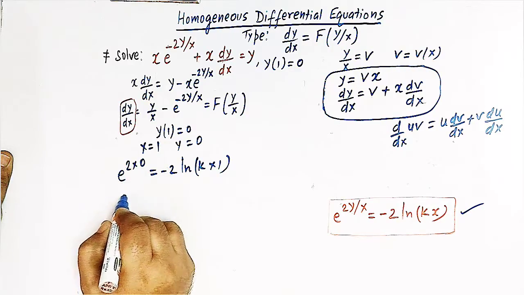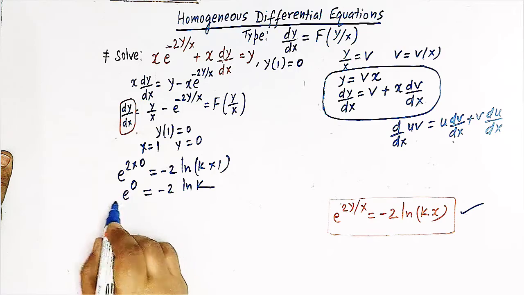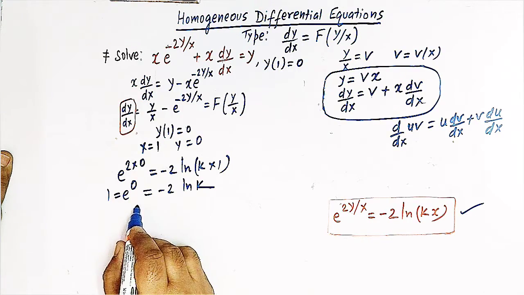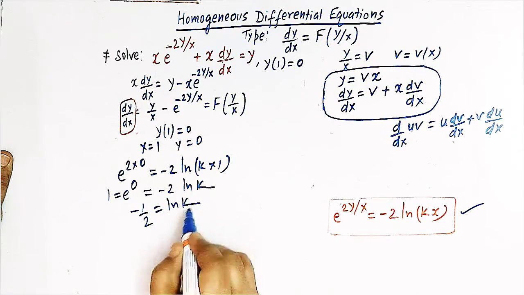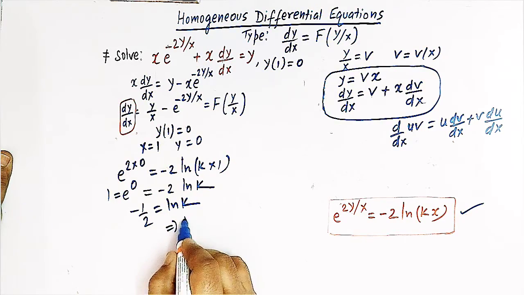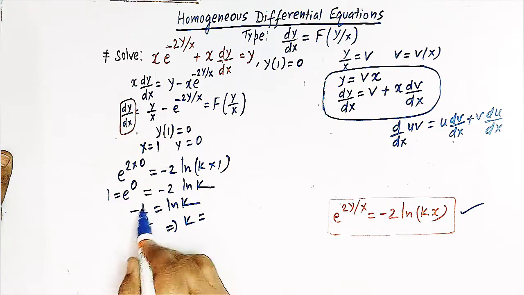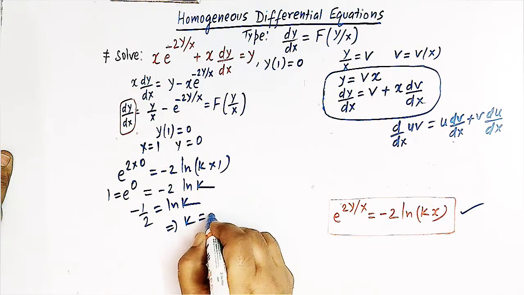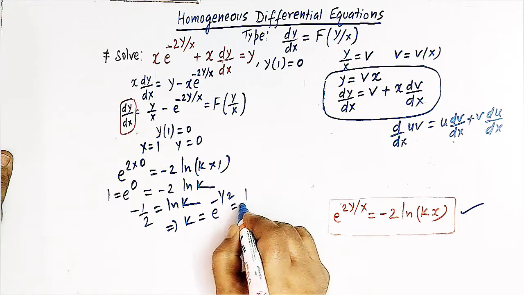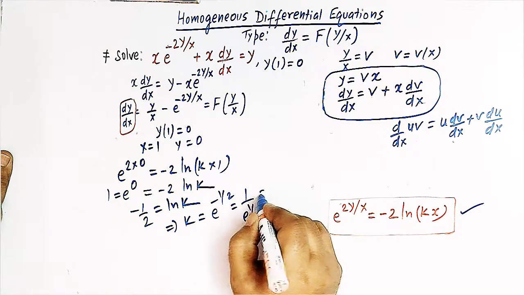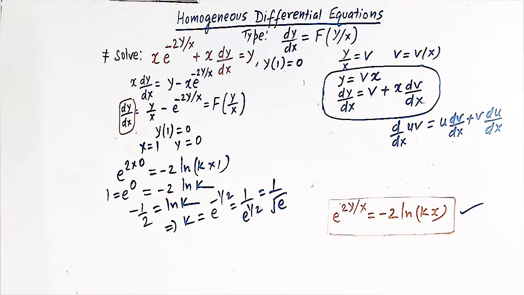So here we have e raised to 0, this is minus 2, this is log of k. E raised to 0 is 1, so we have minus half is equal to log of k, right? So k can be obtained by taking the exponential of this number, that is minus half. So k is equal to e raised to minus half, that is equal to 1 over e raised to half, that is 1 over square root of e.